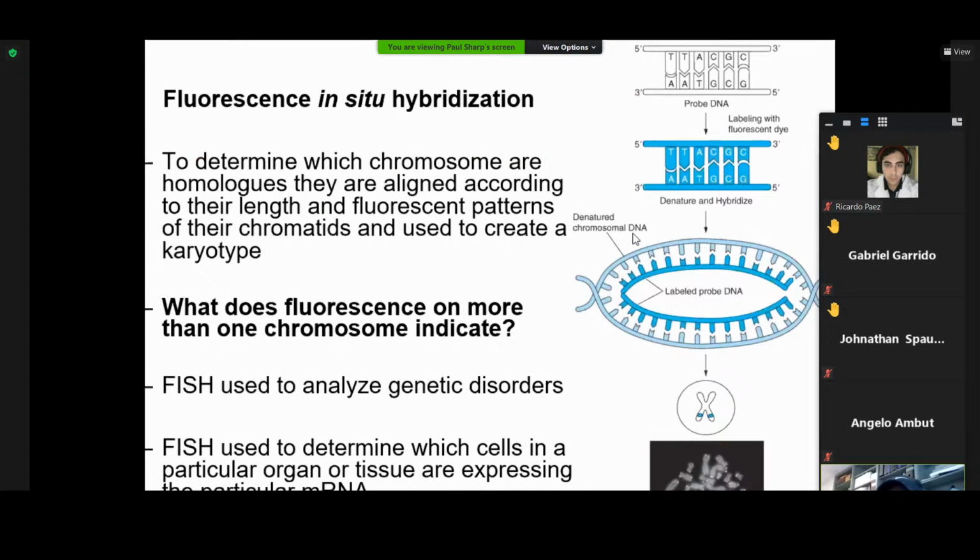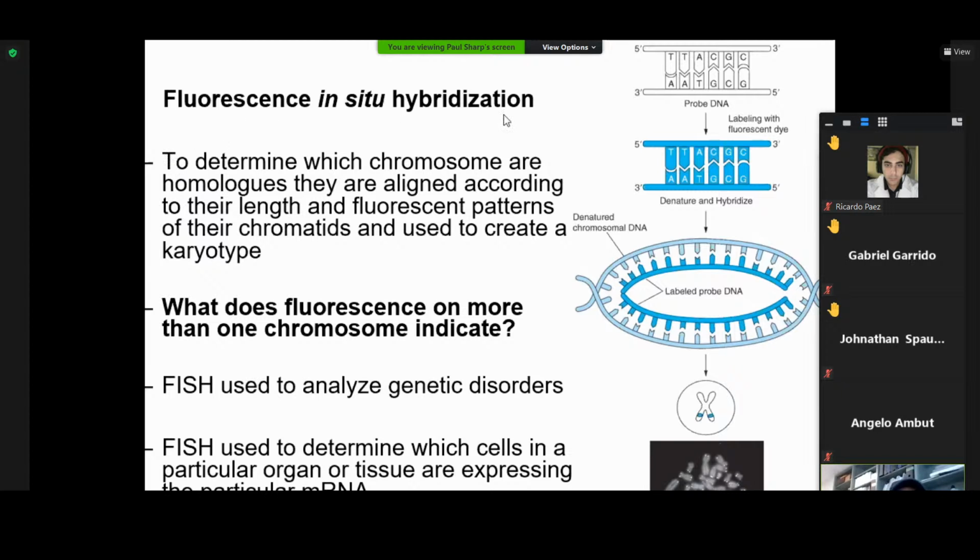And this over here is in our textbook. This shows that we have our probe DNA, and we label this probe with a fluorescent dye. That way we can then denature this double-stranded probe, so then it's going to complementary bind to its target location.